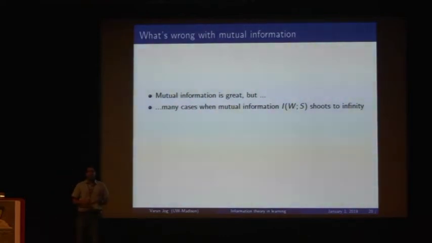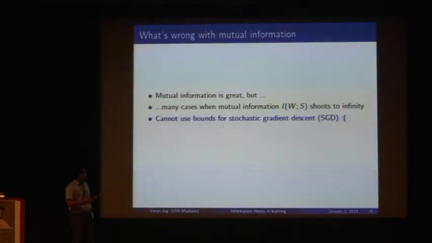Okay, and what are some examples of cases where you get infinite mutual information? Every time you have some deterministic operation going on, for example, when you have linear regression, the W is a function of the data set S. Whenever you have deterministic functions, mutual information is not well behaved, it just shoots up to infinity. Okay, so if you directly try to plug in these bounds, you are going to get useless bounds.